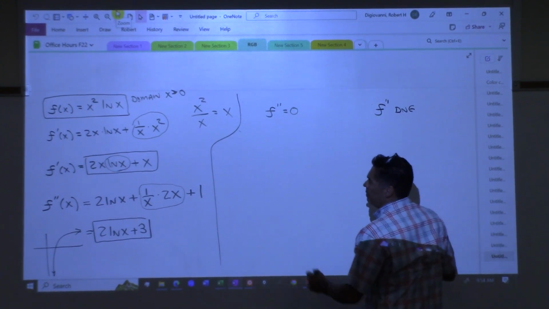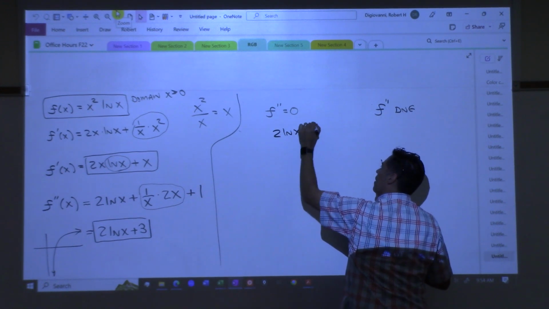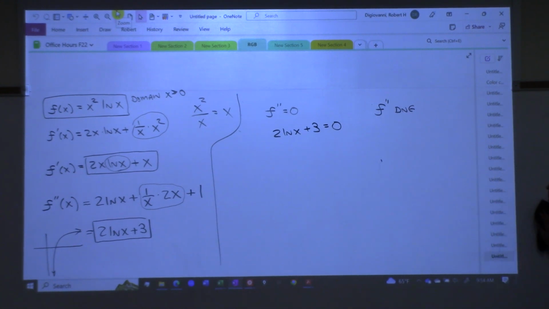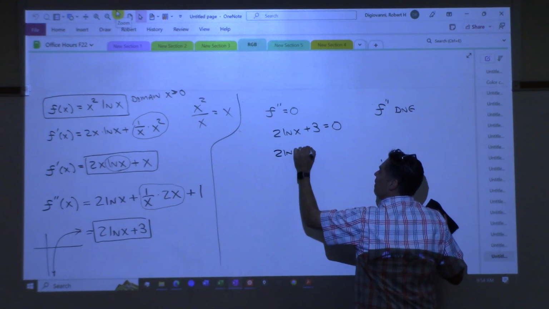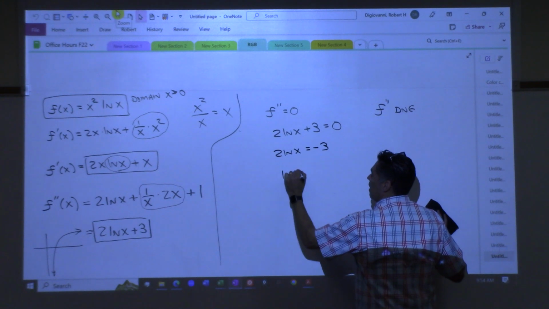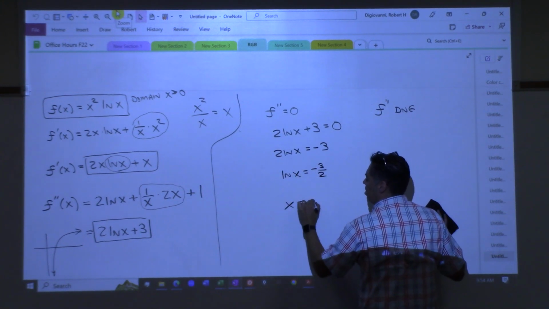Start with the second derivative 0. So here's the second derivative, 2 natural log x plus 3. Set that equal to 0. And I can do the same thing I did just a second ago. I can subtract 3 on both sides, divide both sides by 2, and bring in the e to kill off the natural log.